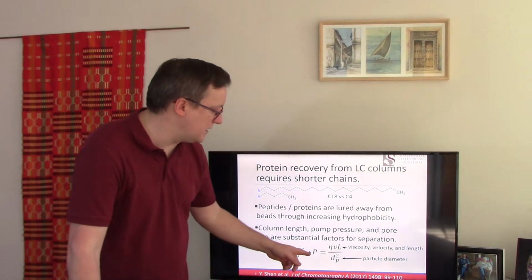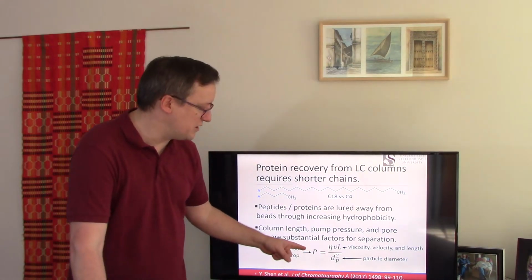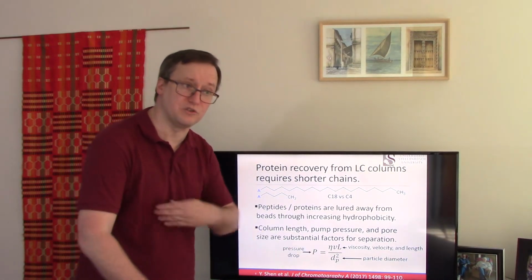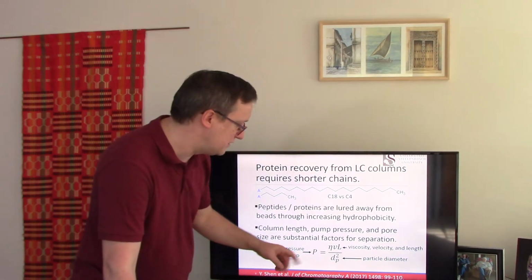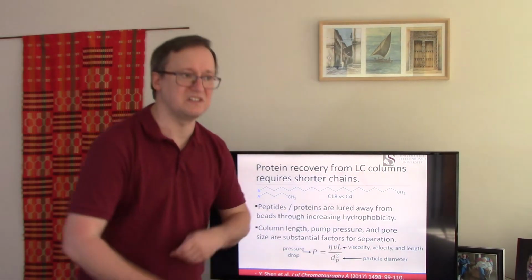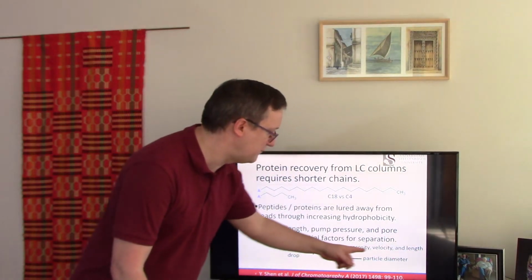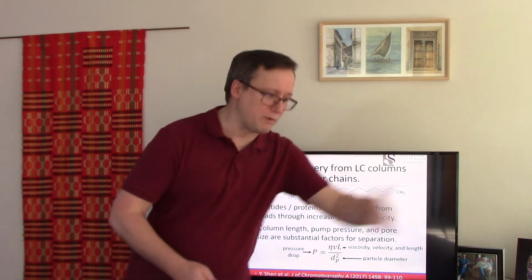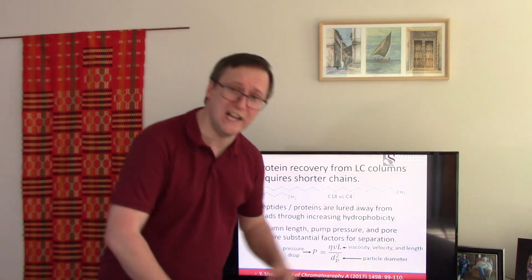So what we're looking at is the relationship between the pressure of the pump you're using to drive this hydrophobicity gradient, the viscosity, which is to say, kind of how snotty is the fluid you're trying to push through the column, the velocity, the rapidity with which you are moving things through the column. You can think of velocity as flow rate here. And generally speaking, our best sensitivity in mass spectrometry comes with a very low flow rate. And the length of the column.